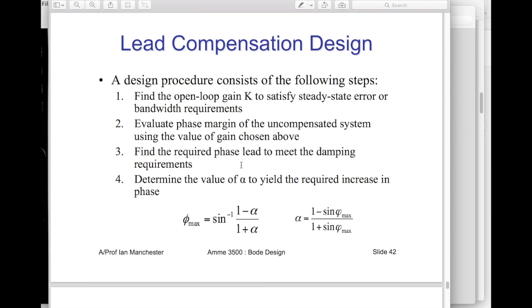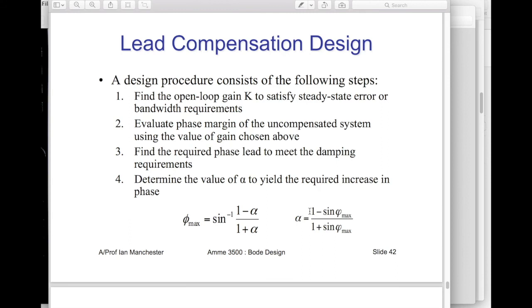Okay, so once we've got a value for how much we want to boost the phase by, and I'm going to say let's boost the phase by 50, we work out a parameter alpha, which is 1 minus sine phi max over 1 plus sine phi max. It's important that if you're using MATLAB and you're computing phi max in degrees, make sure that you use not SIN, but SIND. SIND will compute sine with degrees.